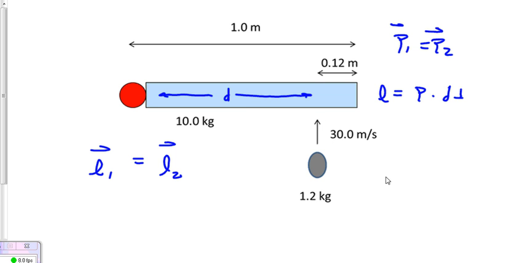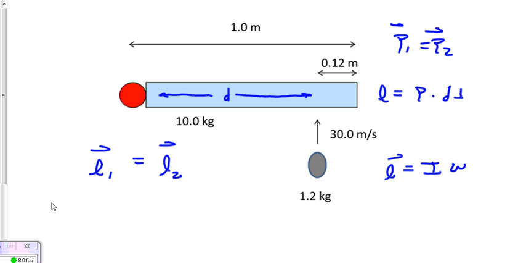Well, remember, L is equal to I omega, I being the moment of inertia of the object multiplied by the angular velocity. So this equation is going to look like this.